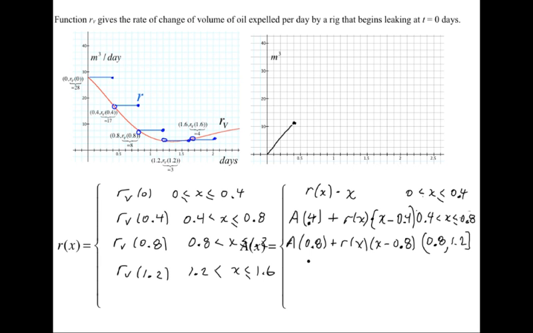So how much oil has accumulated at 1.2? How can you express that? Shayna. Right, so A at 1.2, and then the change since 1.2, after 1.2 days. So all that is the change, like dV, based on rate times dx.